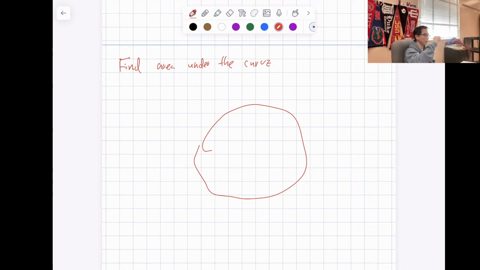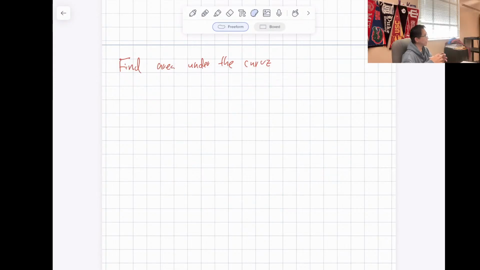You count 1, 2, 3, 4, 5, 6, 7, 8, and there's a half of a square, and this is like 1/3 of a square, and you try to add up as accurately as you can. If the island is on a grid, you want to find how many square miles that is, and basically you do this. Same thing with integration. Integration starts by approximation, looking at the area under the curve.